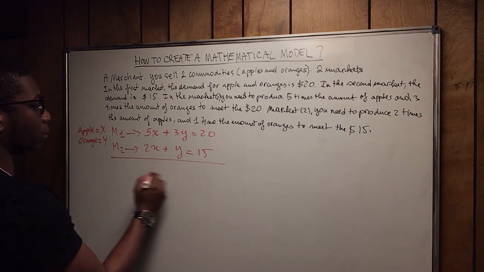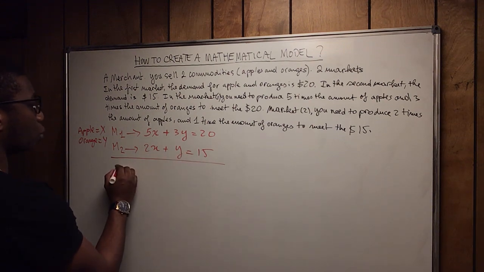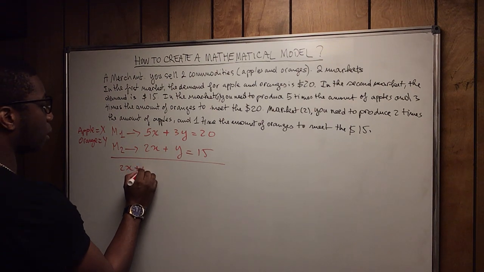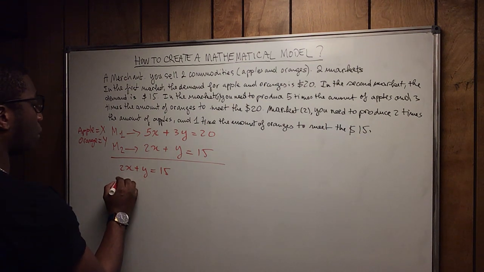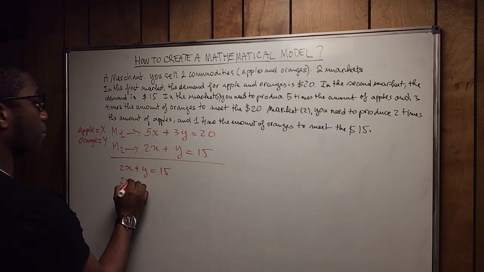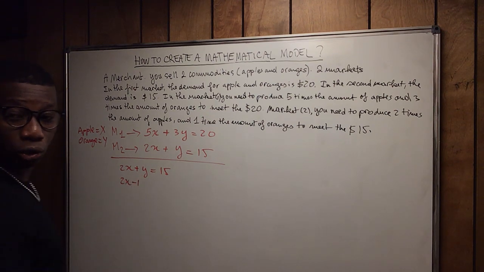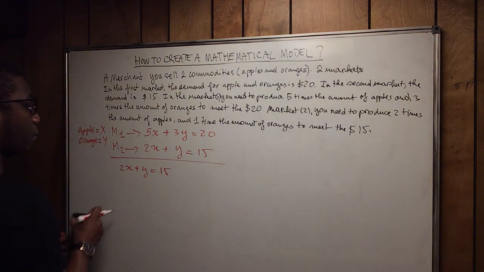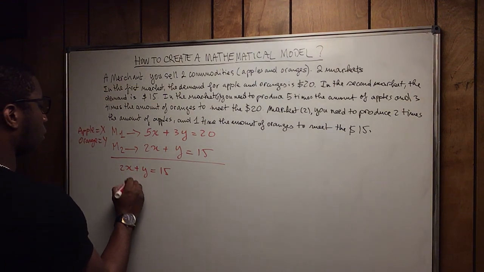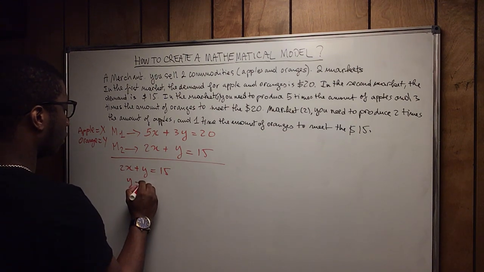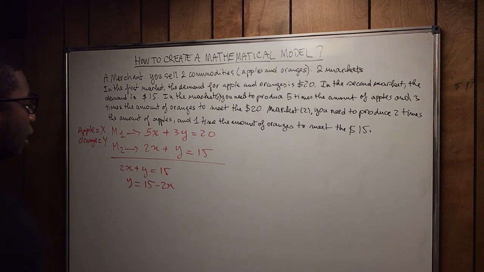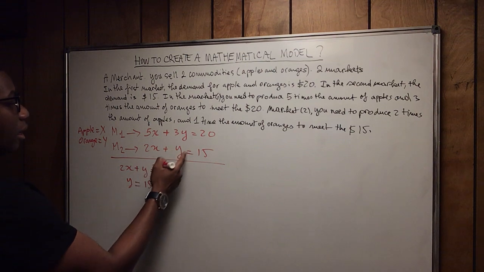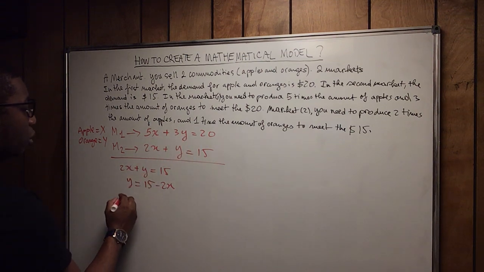So with substitution, you know that 2x plus y equals 15, so y equals 15 minus 2x. Then you substitute this into the first equation, market 1.